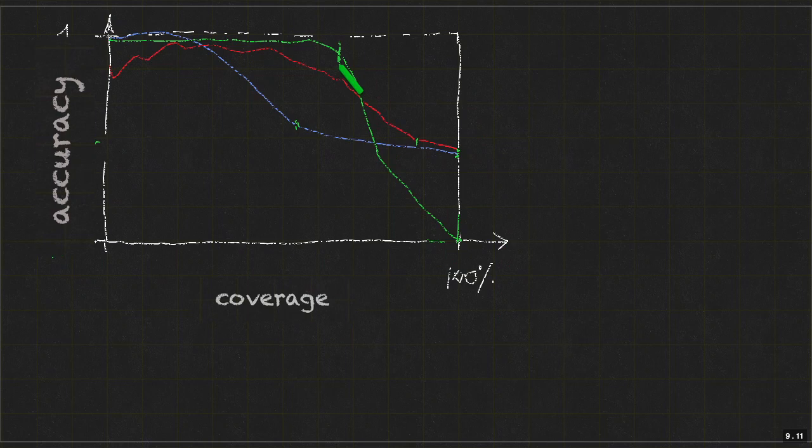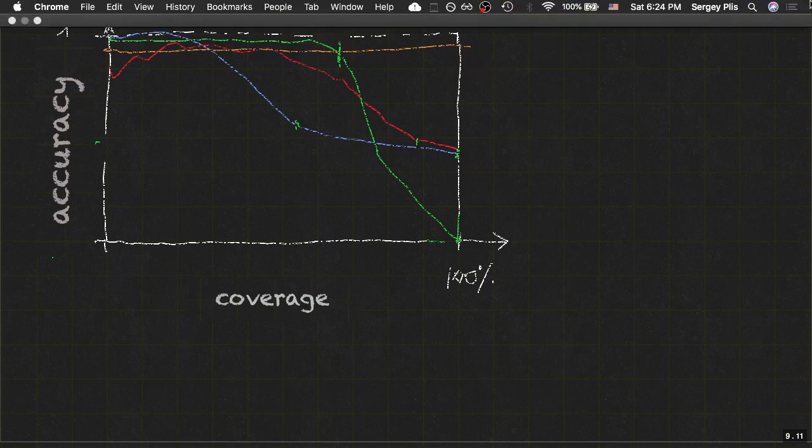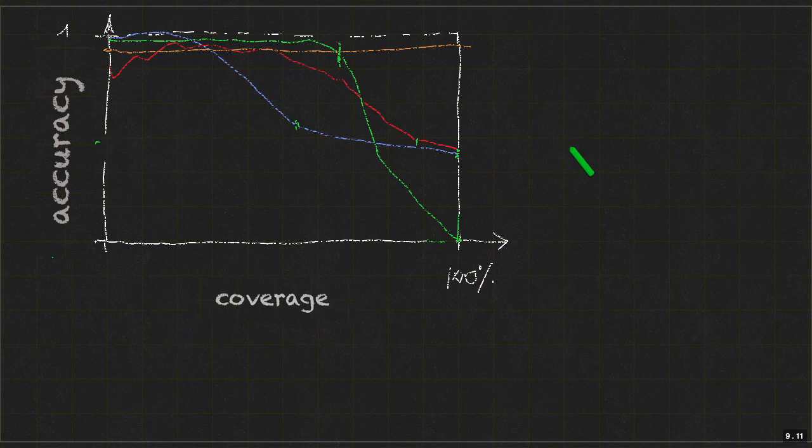First thing to think about is, what is your stakeholder requirement of permissible accuracy? And if this requirement is somewhere here, look what happens. This is the coverage at the requirement that I will get with the green classifier.